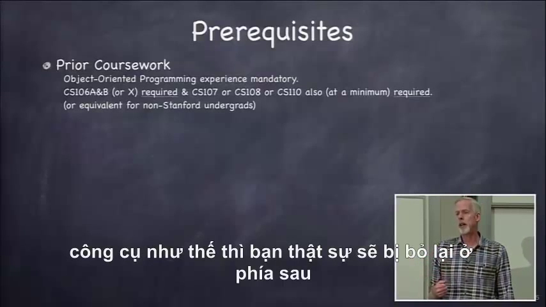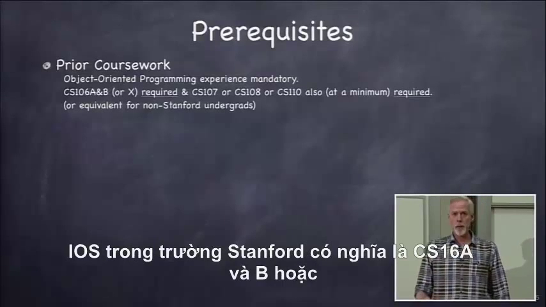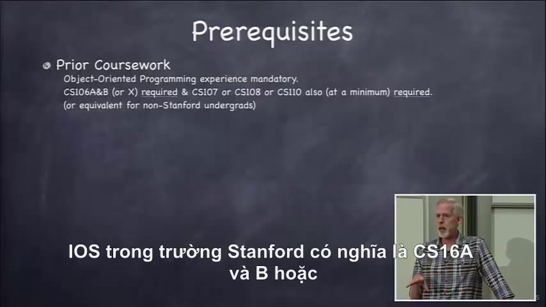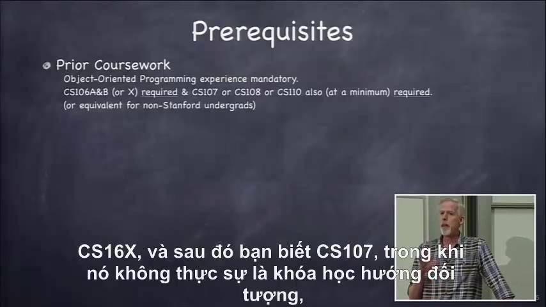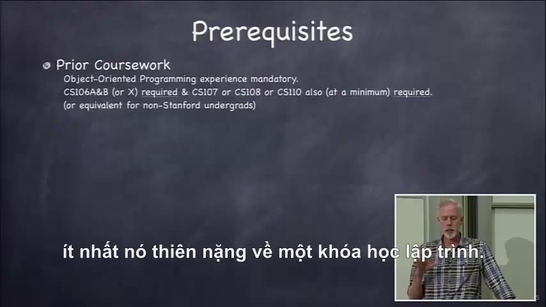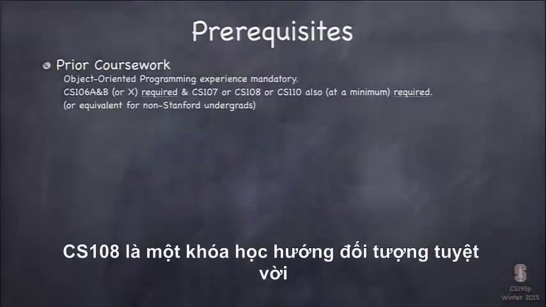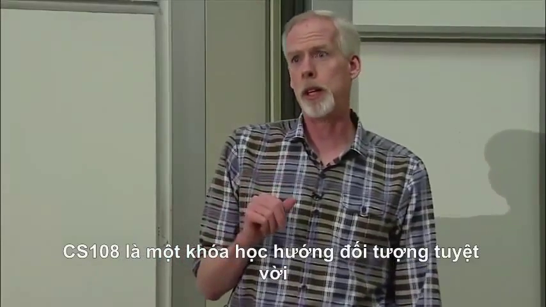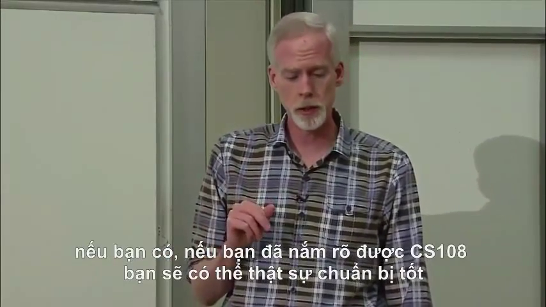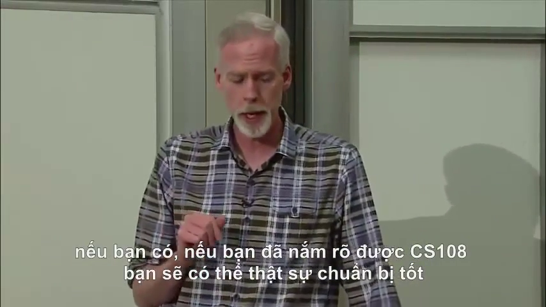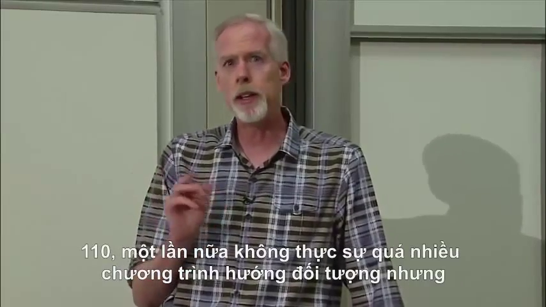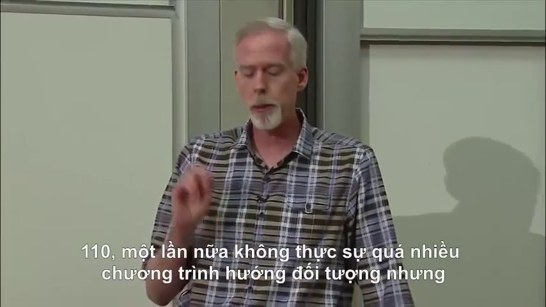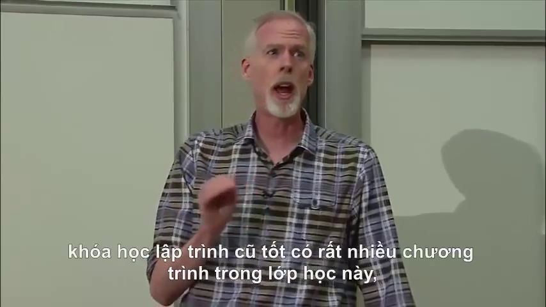So at Stanford here, that means CS 106A and B or CS 106X, and then CS 107, while it's not really an object-oriented course, at least it's a heavy-duty programming course. CS 108 is a great object-oriented course. So if you've taken CS 108, you'll probably be really well prepped. 110, again, not really too much an object-oriented program, but a good programming course, because there's a lot of programming in this class.